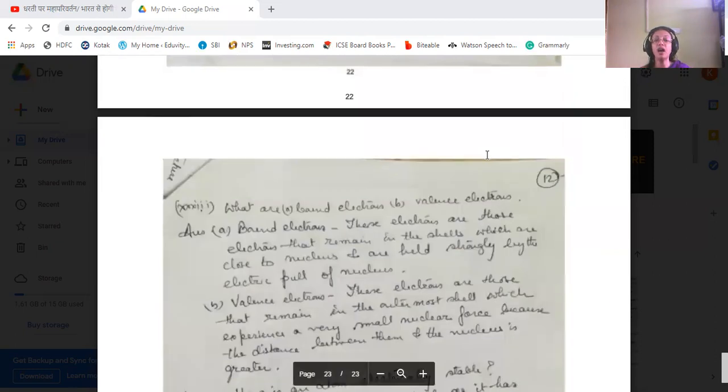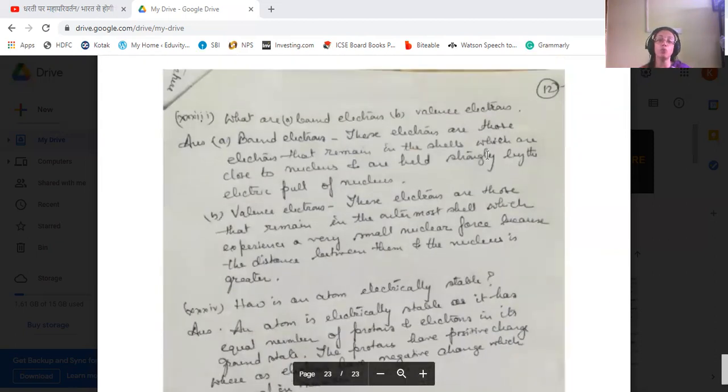Then what are bound electrons and what are valence electrons? Bound electrons are those which remain in the shells which are close to the nucleus. The electrons present on those shells are known as bound electrons because they are held strongly by the electric pull of the nucleus.